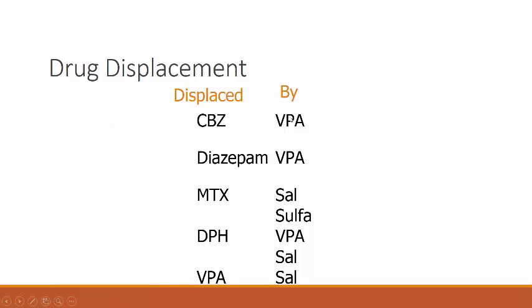They're both drugs that are used for seizures. Diazepam, which is a benzodiazepine that can also be used for seizures and other things, can be displaced by valproic acid as well.